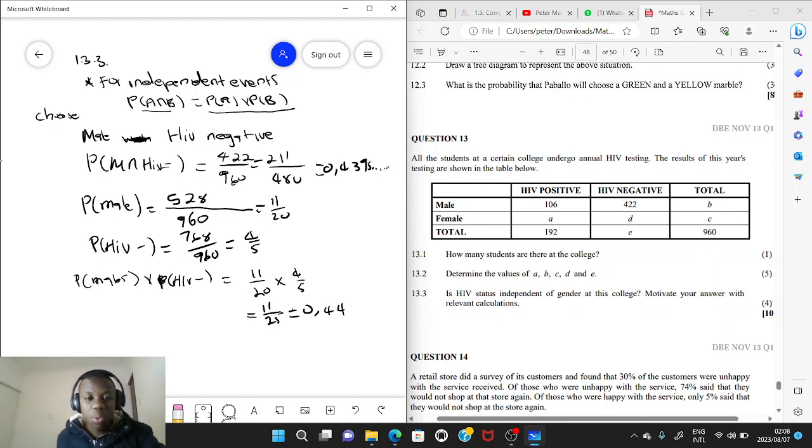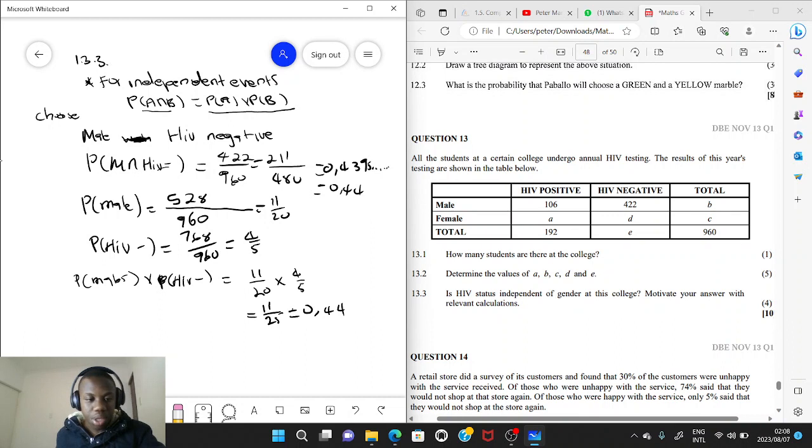So I want you to note that whenever we round this to two decimal places, we will have 0.44. Why am I doing this? We had our left hand side, and we have it up to two decimal places. That's the same thing that I do with the other one, so I make both of them up to two decimal places, and look at them, both of them are equivalent to 0.44. So what does this tell you? This tells you that both events are independent.